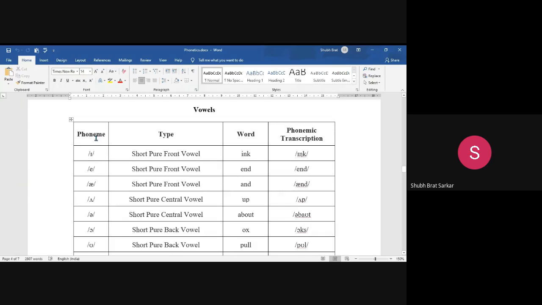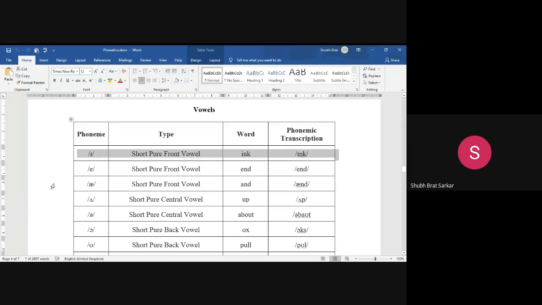So let us be familiarized with the phonemes, the symbols. Look at this diagram. So first one, the symbol sound is E, as in ink. This is the phonemic transcription. E, N, K. 3 sounds are there: vowel, consonant, consonant.